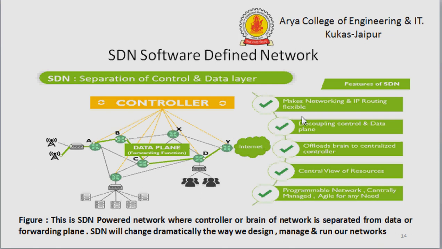In this figure, these are also the features of SDN: makes network and IP routing flexible, decoupling control and data plane, offload brains to a centralized controller, central view of resources, programmable network, centrally managed. These are the controller, data plane, internet.